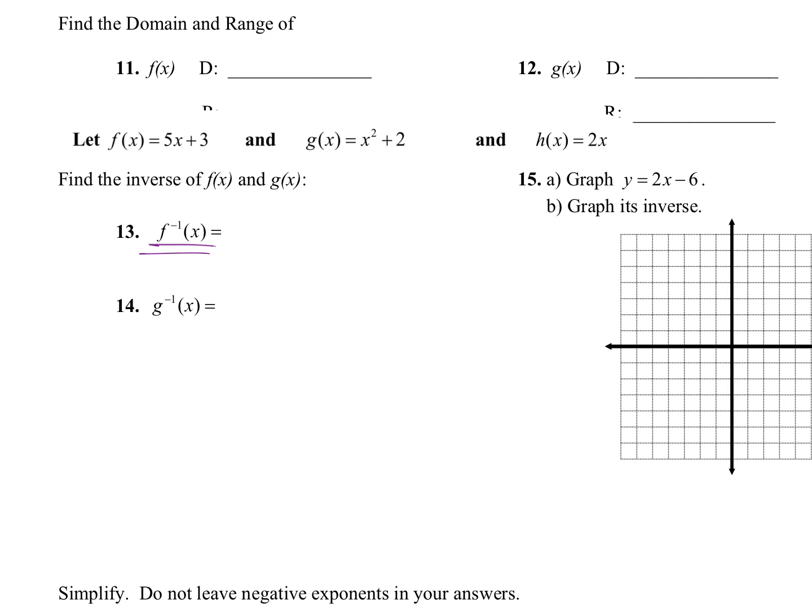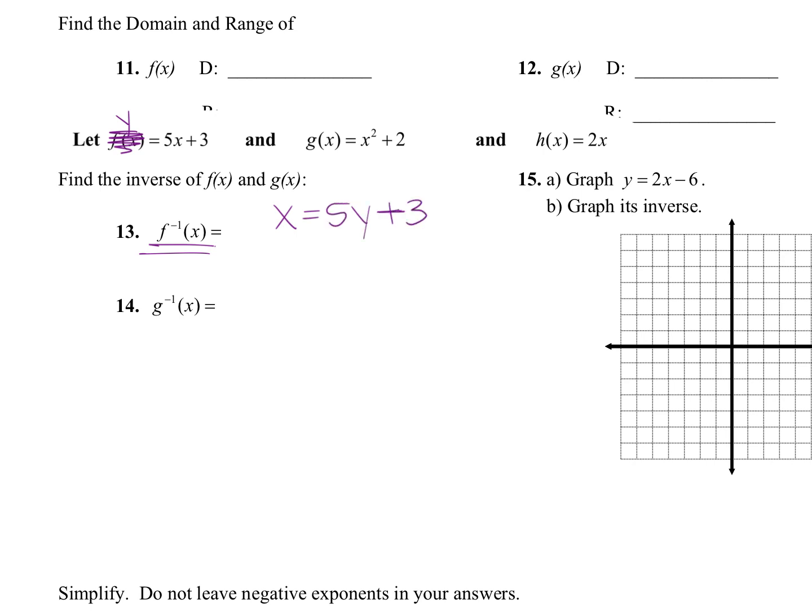F inverse of x. When you find an inverse, you're treating your f of whatever as a y, right? So it's like saying y equals 5x plus 3. How do you find an inverse? You swap your x and y. So instead of y equals 5x plus 3, it's x equals 5y plus 3.